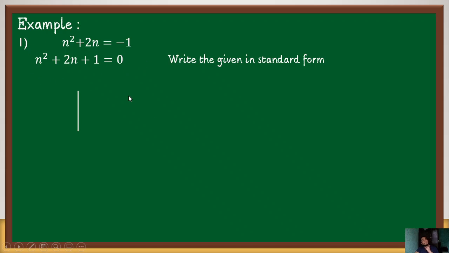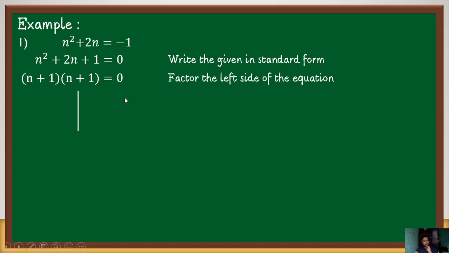Okay? So kapag finactor natin to, it will give us n plus 1 times n plus 1. So to factor polynomials or quadratic trinomials or perfect square trinomials, by the way, n squared plus 2n plus 1 is an example of a perfect square trinomial.